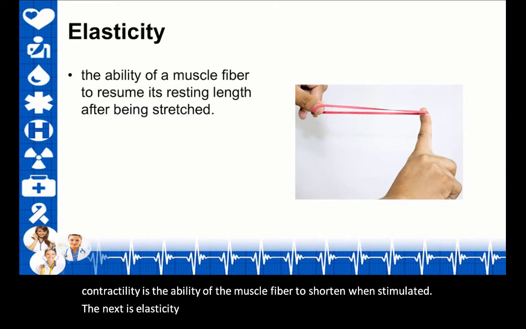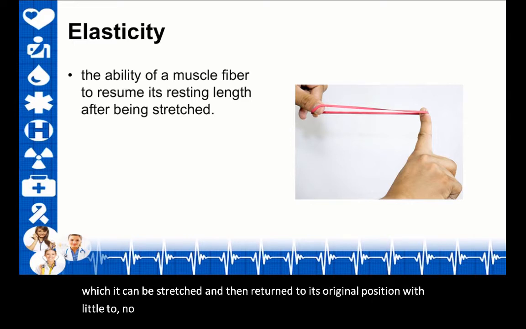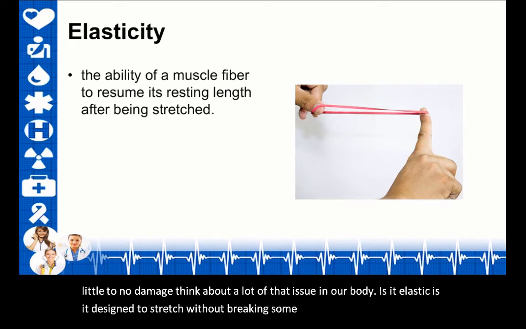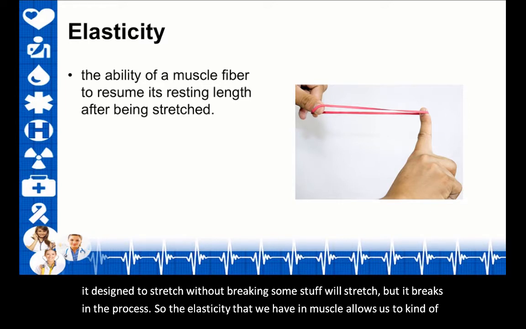Elasticity is the characteristic or the property that muscle has in which it can be stretched and then return to its original position with little to no damage. Think about a lot of the tissue in our body. Is it elastic? Is it designed to stretch without breaking? Some stuff will stretch, but it breaks in the process. So the elasticity that we have in muscle allows us to kind of work similar to a rubber band.